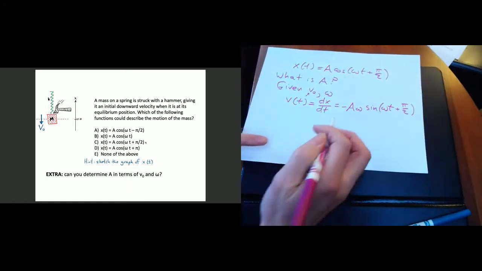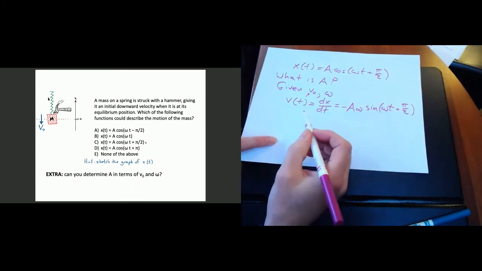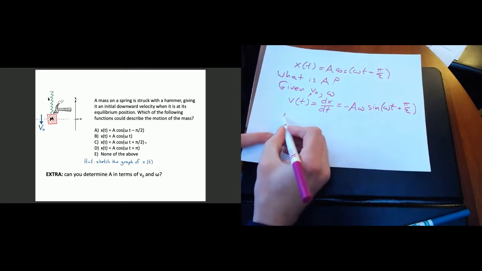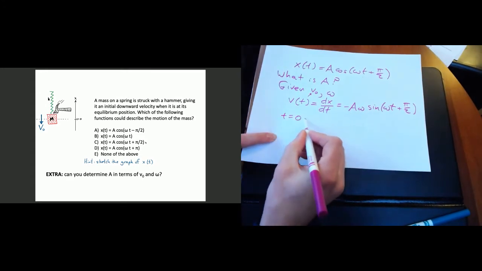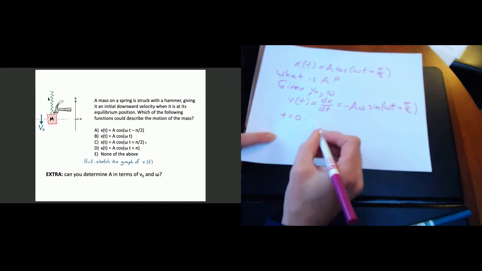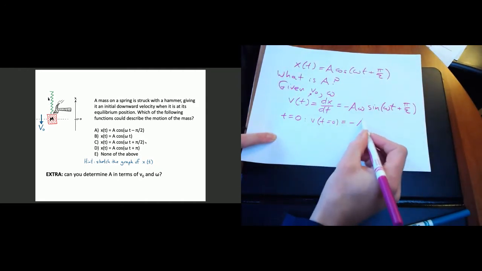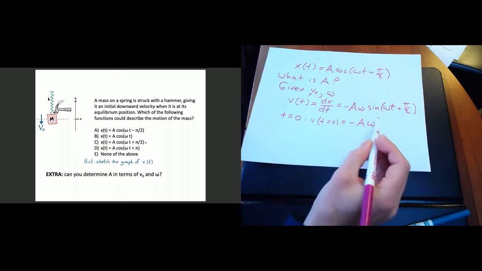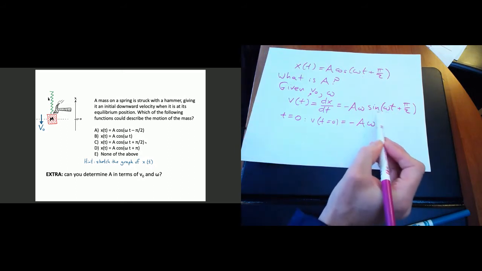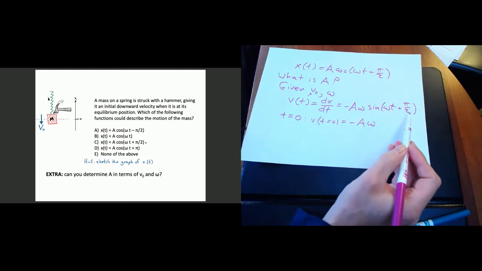Okay, now we're in good shape because we can say that for time equals 0, this gives us v is equal to minus A times omega. And then plugging t equals 0 into the sine gives us sine of pi over 2, which is equal to 1.